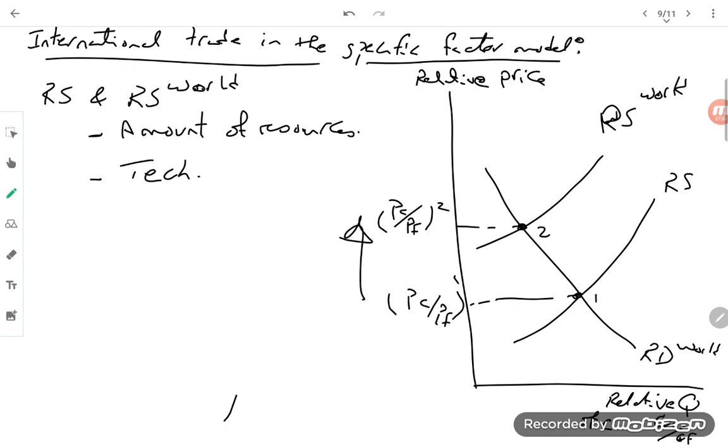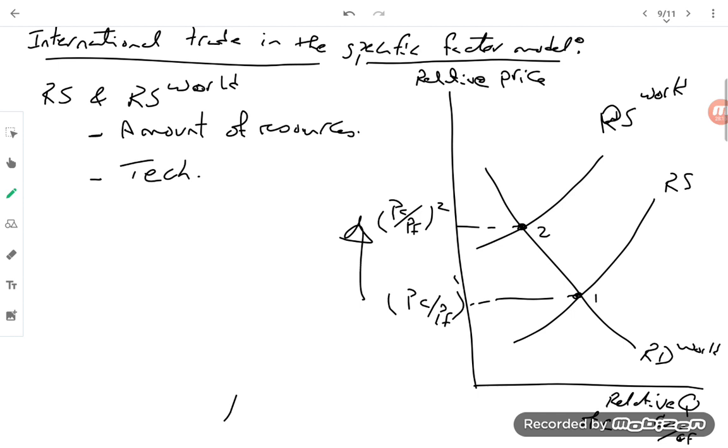So international trade will affect the relative price of commodities and increase it from 1 to 2. This is how international trade affects the specific factor model. Or in other words, this is how international trade is illustrated using a specific factor model.